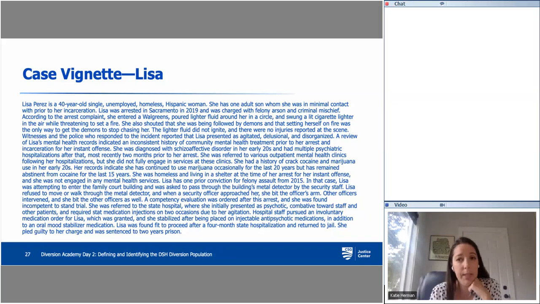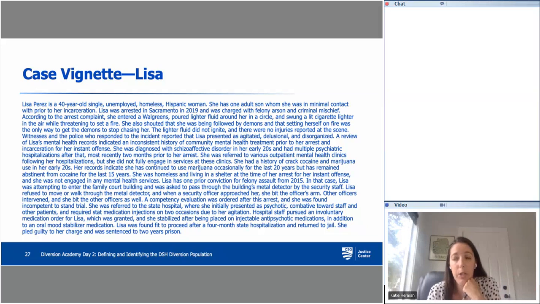One of the arguments that we were able to make to the district attorney, who had to consent to her release, was, she had this other case with this assault at the family court building, and she got prison time, and then she got out and still was not doing well. Like, that didn't serve any purpose, really, we could argue. Incarceration didn't help. She got out.